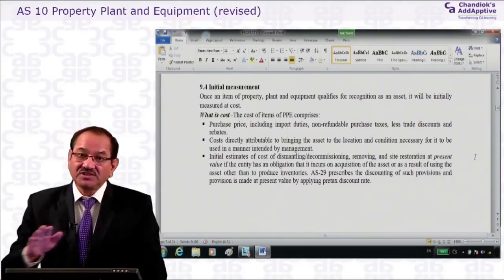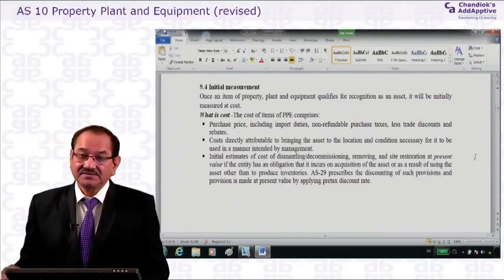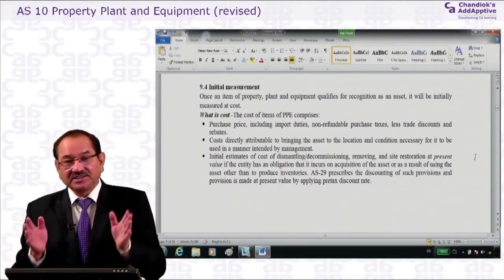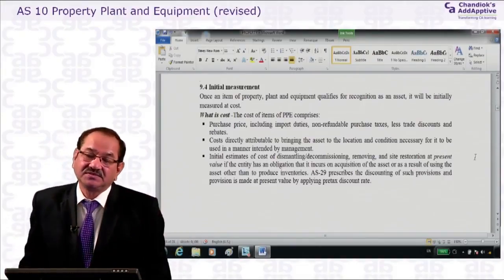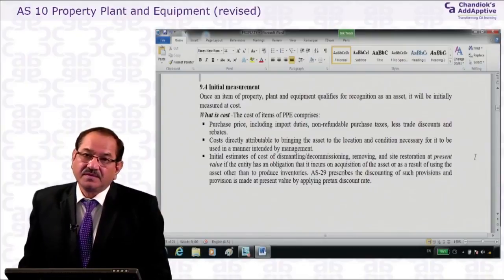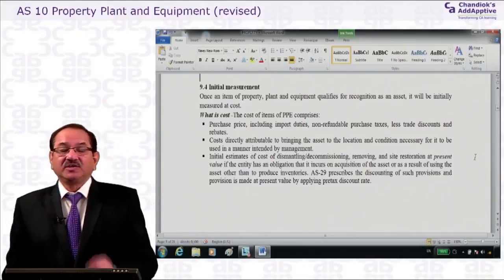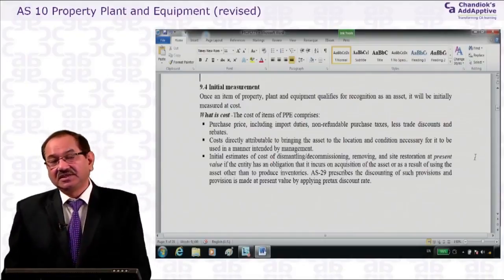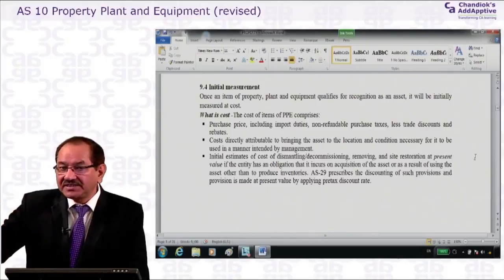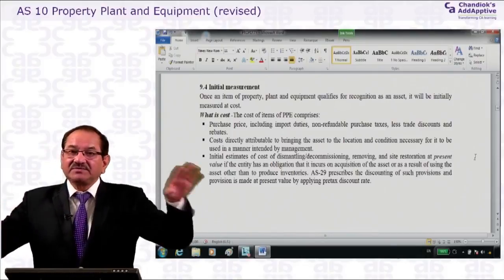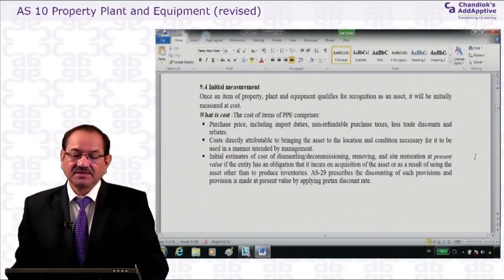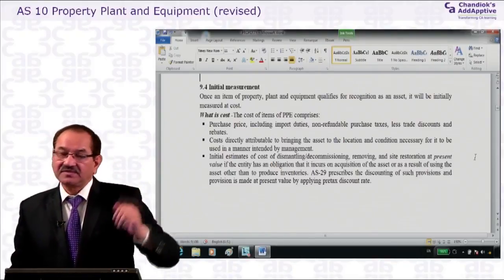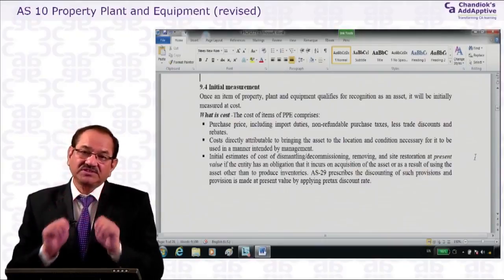It means you have to demolish and dismantle your factory, level it, and bring it to the same position as it was at the time of taking on lease. It means if you have taken a land on lease in 2000, then in 2030, you have to dismantle your factory, level that land, and return it to the lessor in the same position.